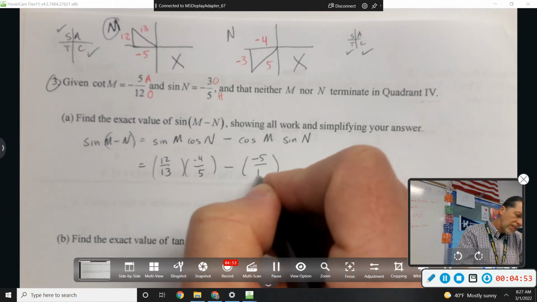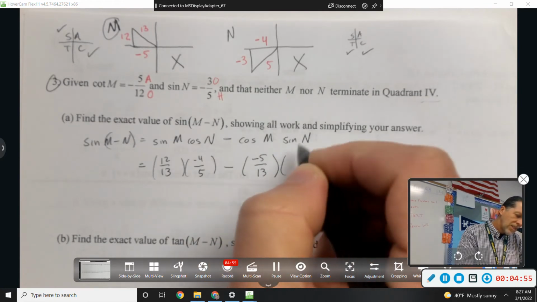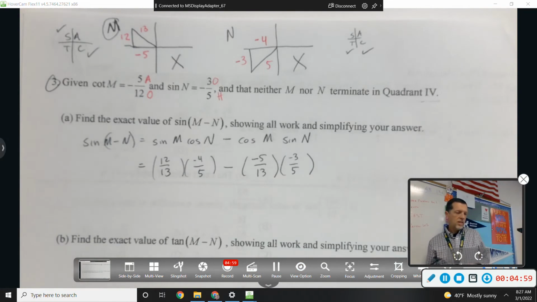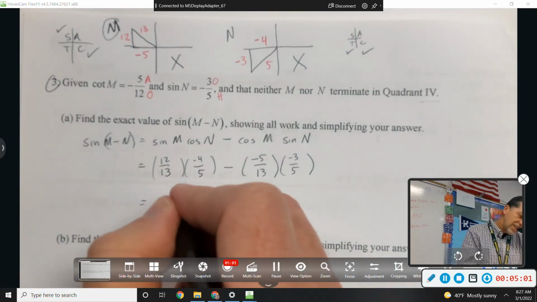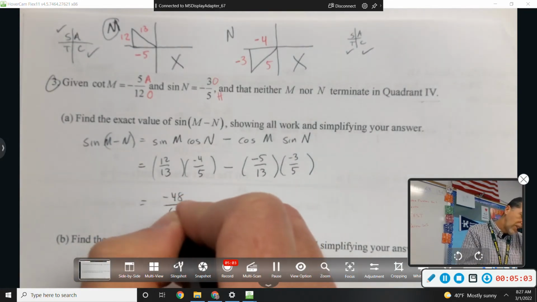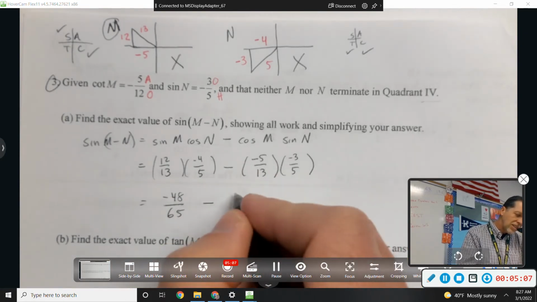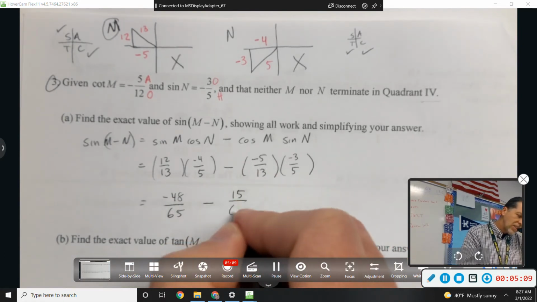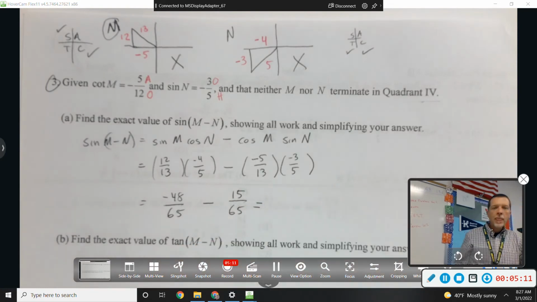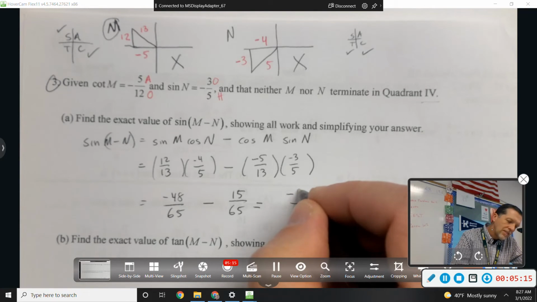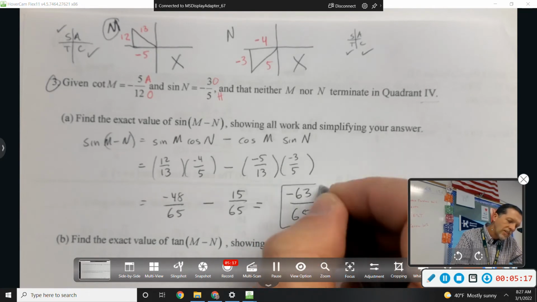Minus negative 5/13. Negative 3/5. So negative 48 over 65, minus 15 over 65. Minus minus minus means minus. Yeah, 15 over 65. Negative 63 over 65. So that would be negative 63 over 65.